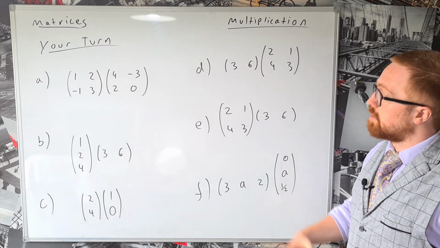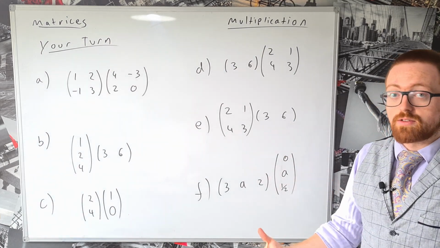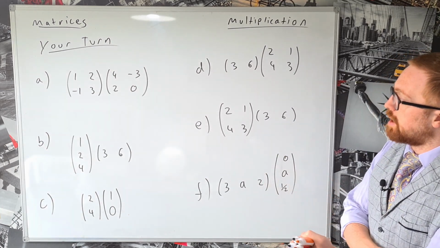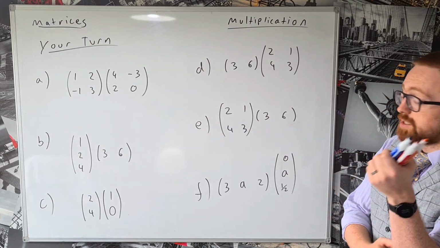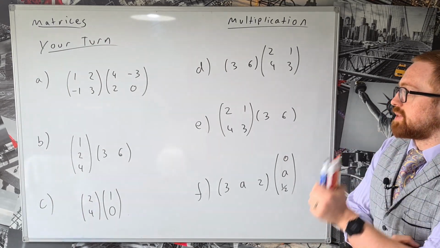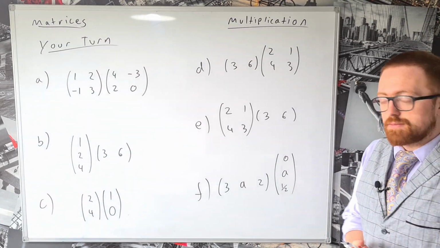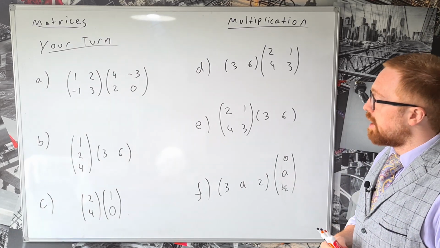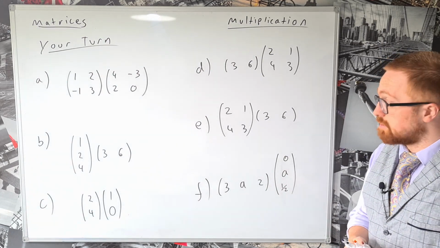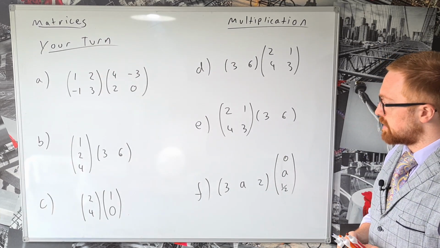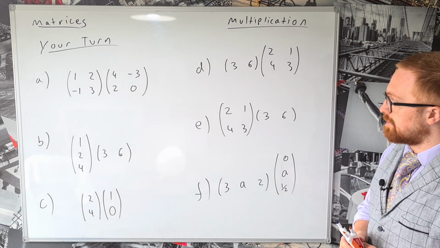You need to work out if the 2 matrices can be multiplied, so it's going to be a yes or a no. And then if they can be multiplied, see if you can work out what the answer is. So pause the video now, and in a quick second we'll have a look at whether we can answer these.